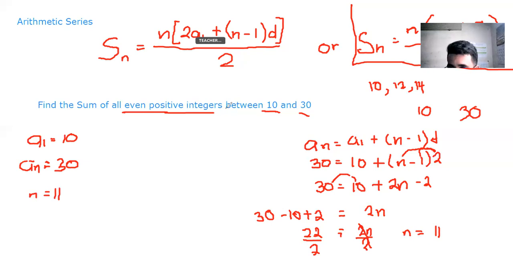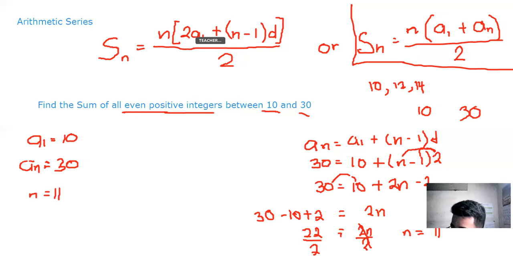So, to the use of the derived formula, we have S sub n is equals to n times a sub 1 plus a sub n over 2.